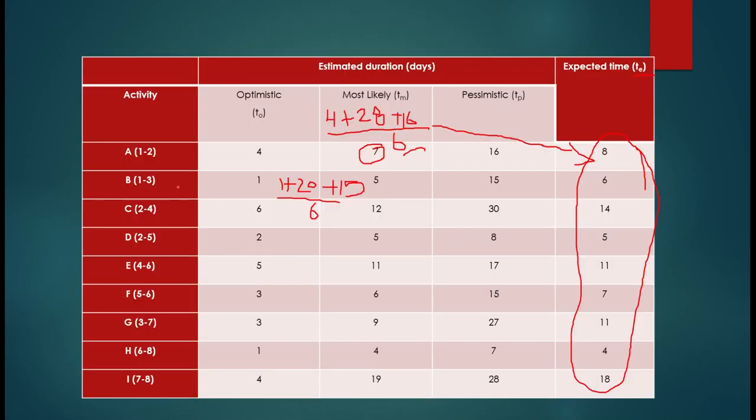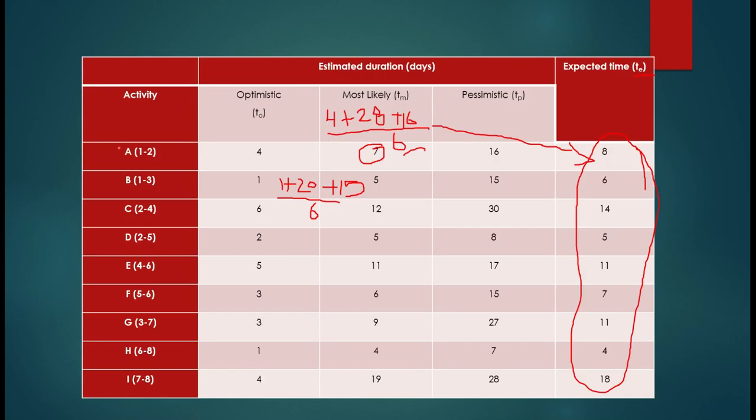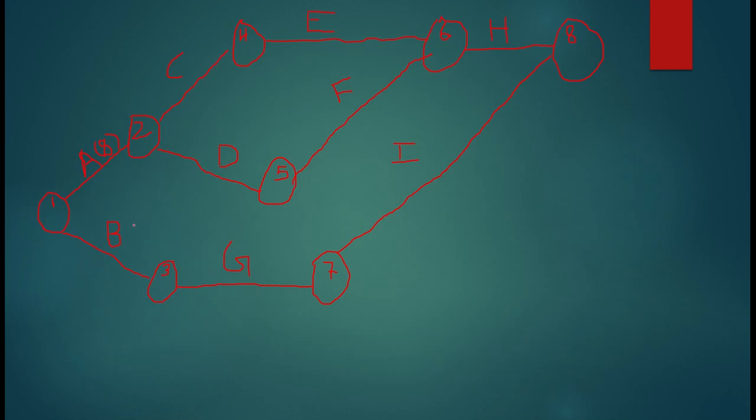After allotting numbers to all the events, now I will give timings. So for timings, I will allot these average timings, which I have calculated, right? So A is 8. So here I will write 8. Then we have B. B is 6. Here I will write 6. Okay.